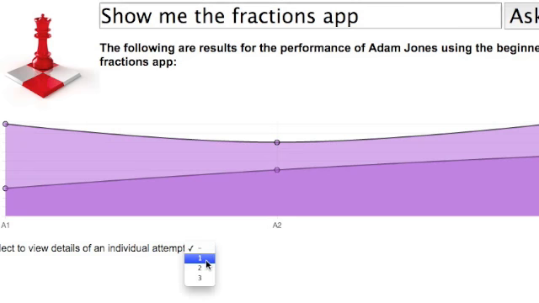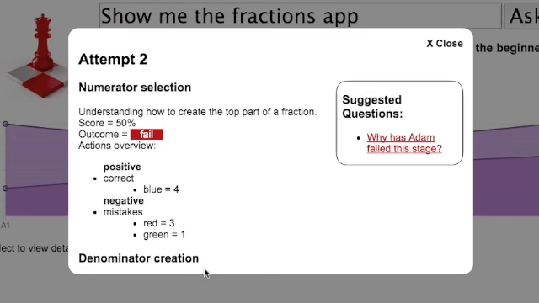We can select to view further information about individual events. For this example, I'm going to check on attempt number 2, and we see that a more detailed report about this attempt appears, in which we can see for the first part that it has tracked a score of 50%. The outcome is flagged as a fail, and the notes that it has made from this are that the items that were selected correctly were blue, which were 4 items, and then for the mistakes, there were 3 for red and 1 for green.